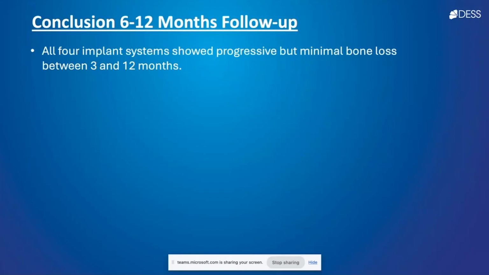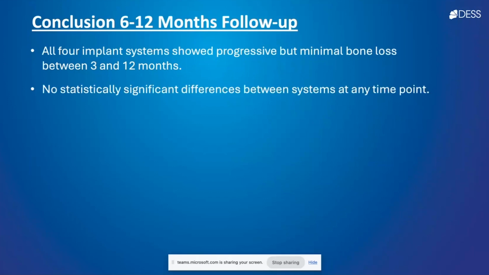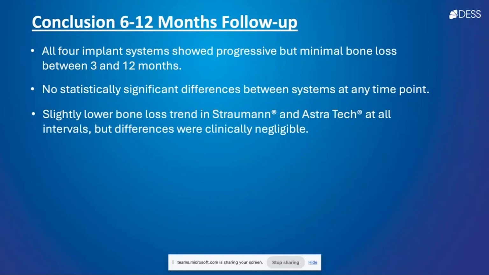So what we can say after a follow-up of 1 year is that all 4 implants showed a progressive bone loss, but it's very minimal. And as I mentioned, there is no statistically significant difference between this dental implant and the other premium dental implants. Maybe Straumann showed the least crestal bone loss, but still the amount of bone loss is very minimal.